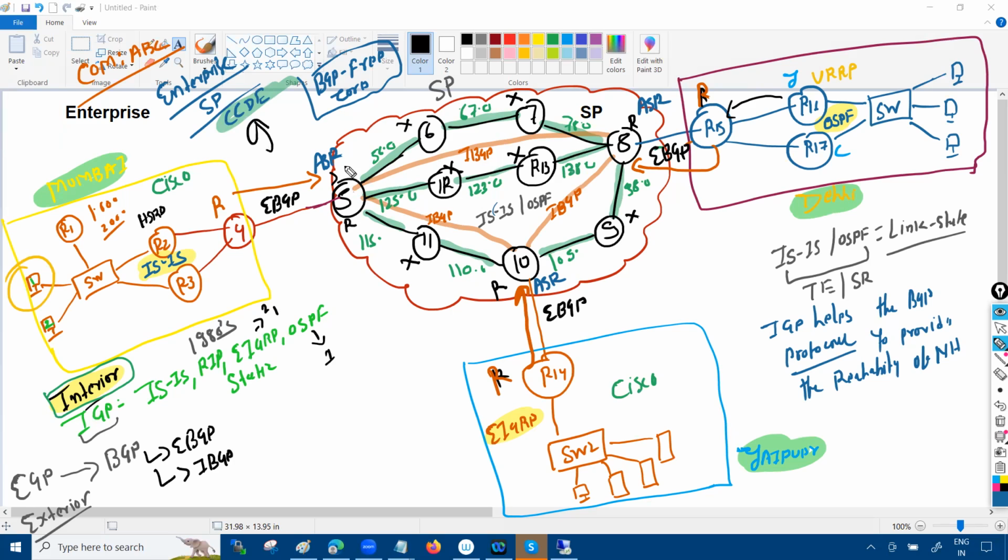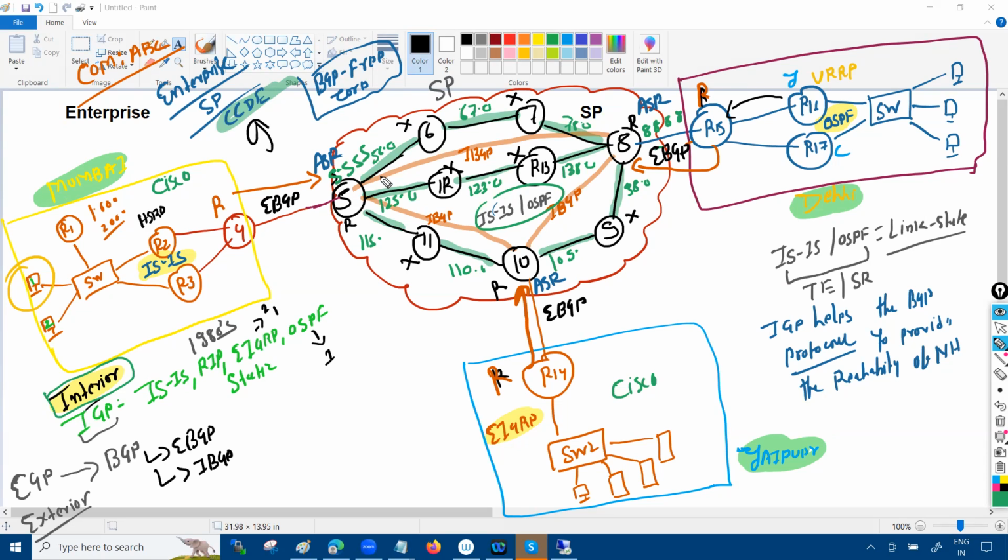For example, I have a loopback 5.5.5.5 and another loopback 8.8.8.8. These loopbacks are reachable by any of the IGP protocols. If they are not reachable, then what happens? Your BGP route cannot become a best route.